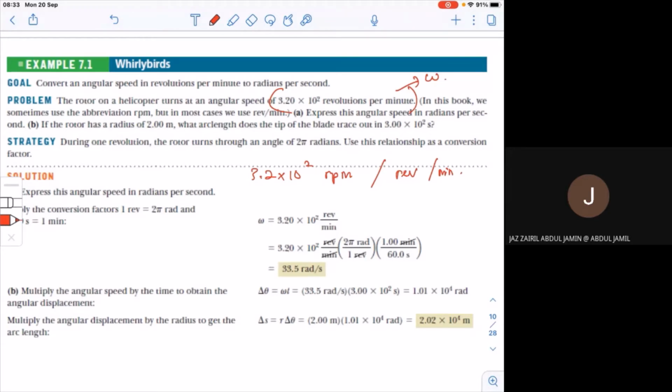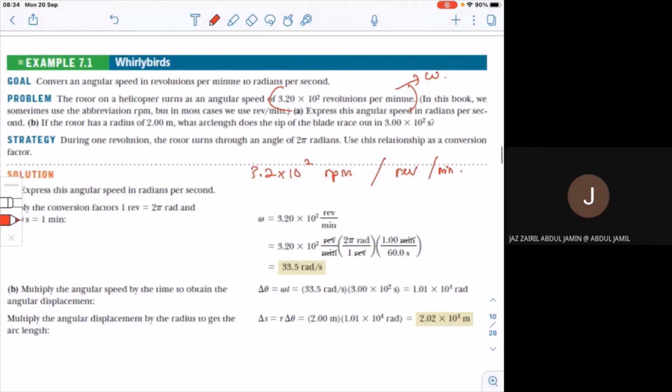This is a very common thing when you want to solve problems involving angular motion. When motion is angular, they want a little bit more from you compared to linear motion. You need to convert it first to SI unit.